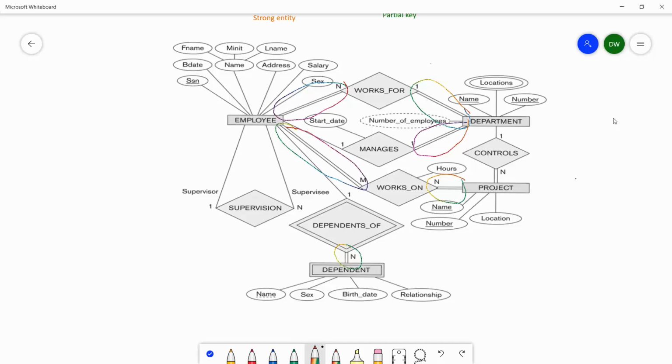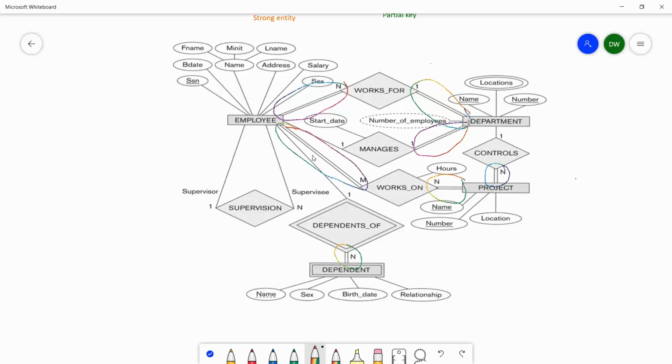So the double lines represent total participation and single lines represent partial participation. So when you look at this, between department and controls, you have partial participation. Between project and controls, you have total participation. And here, between employee and supervision, again you have partial participation, right?